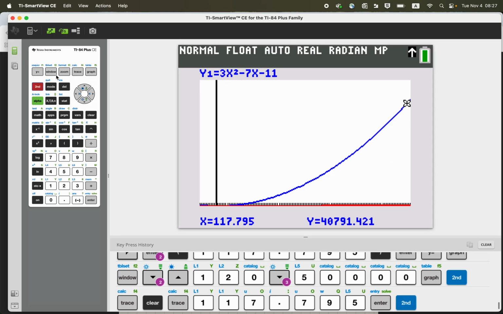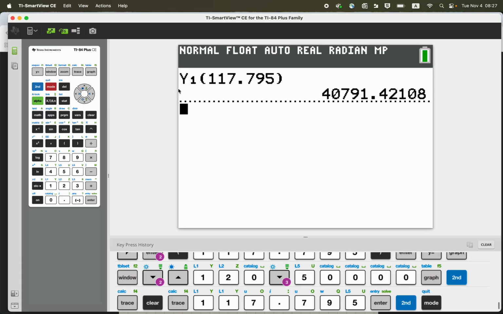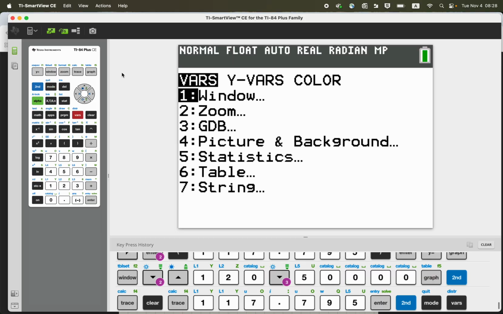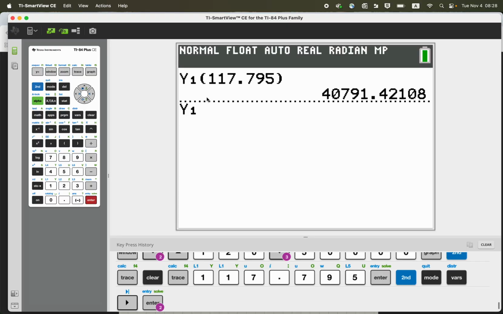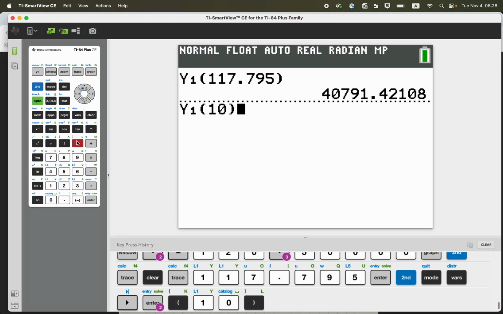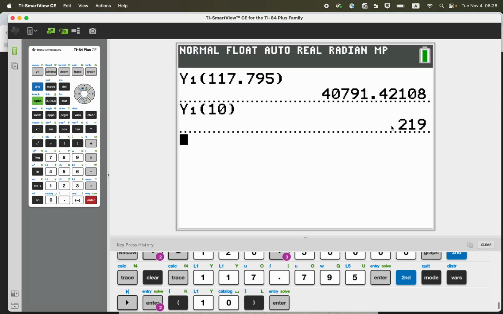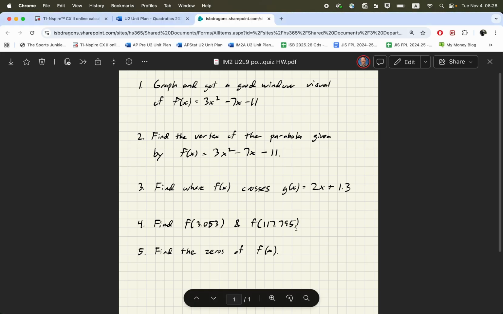So in this case, guys, especially if you can't see it, the better way to do it is to call this function y1, input the x, and then it gets the answer. The way you find that is you go to vars, which means variables, and then you select y variables, function, and you find whatever. So if I want, for example, the function value at 10, I can also compute that. Hopefully that helps.